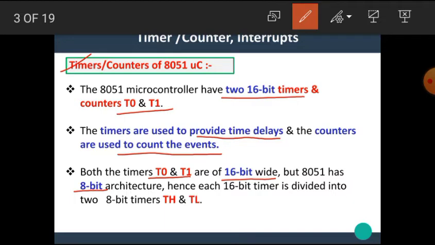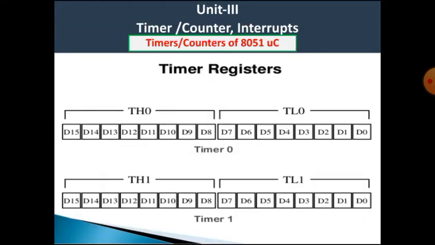That means its CPU works on 8 bits, hence each 16-bit timer is divided into two 8-bit timers named TH and TL, where TH stands for timer high byte and TL stands for timer low byte.